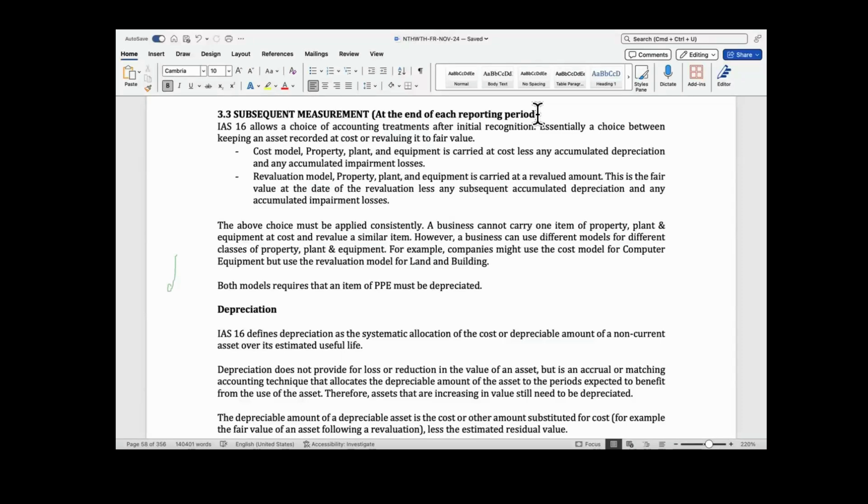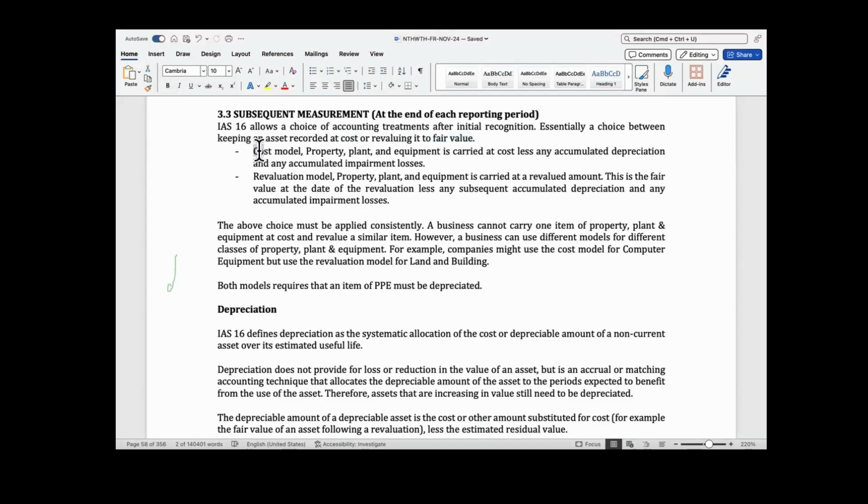It's this subsequent measurement that we use when we are preparing our accounts at the end of the year. So how do you measure an item of PPE at the end of the year after you have initially measured that item? This standard says that you measure it either at cost or at fair value. You choose either of the two.